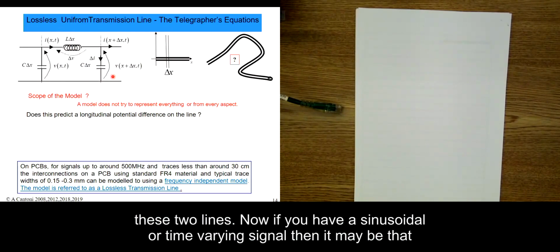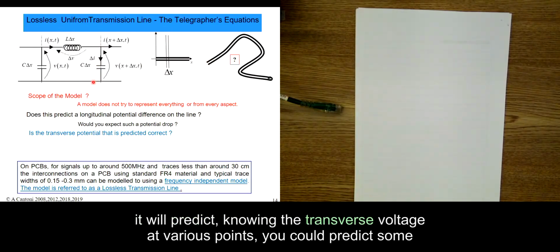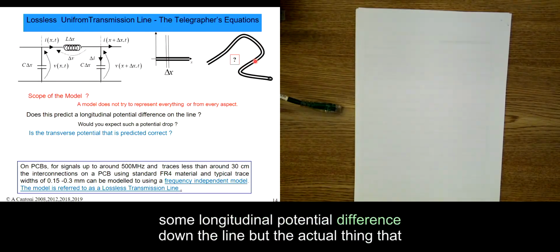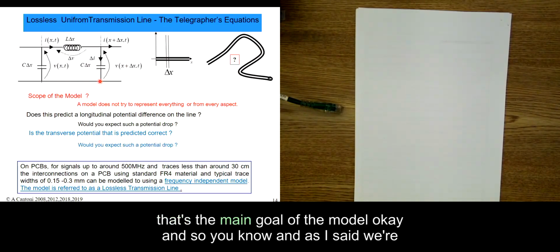If you have a sinusoid or a time varying signal, then knowing the transverse voltage at various points, you could predict some longitudinal potential difference down the line. But the actual thing that the model is trying to find is this transverse potential difference. That's the main goal of the model.